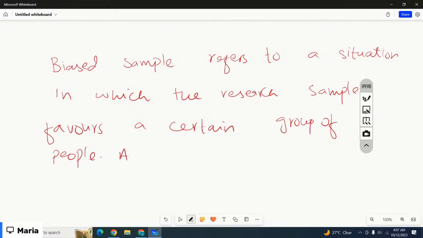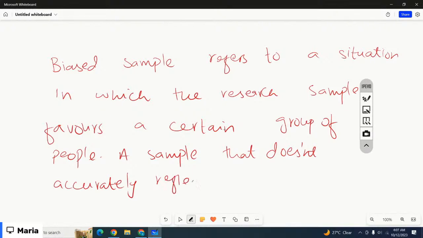A sample that doesn't accurately reflect all members of the population. Okay, that is the definition of the biased sample.